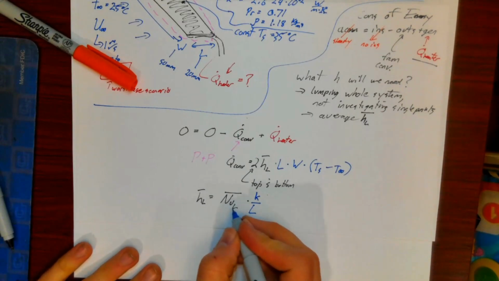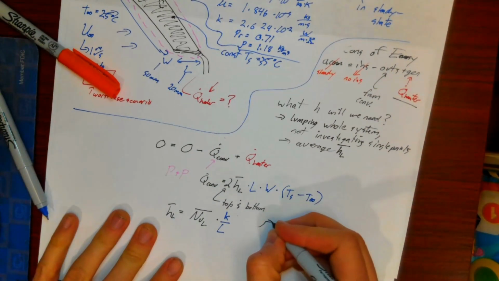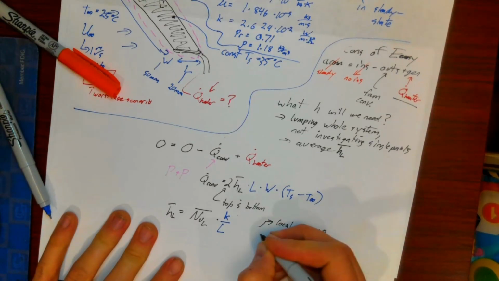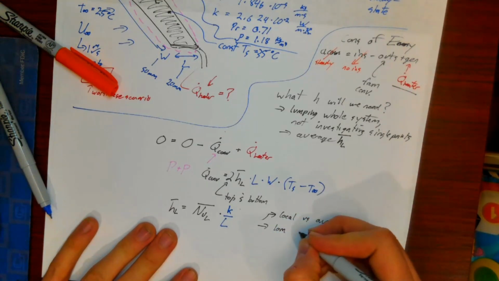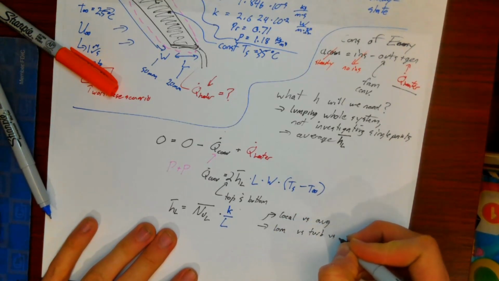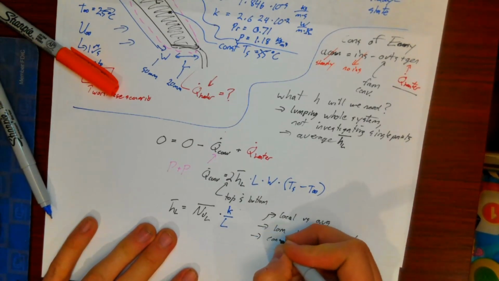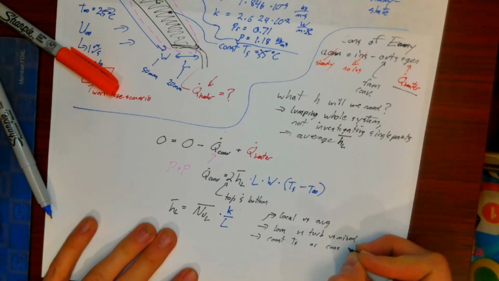When we're thinking about this Nu bar, we want to ask ourselves our 3 questions: local versus average, laminar versus turbulent versus mixed, and then constant T_s or constant heat flux.